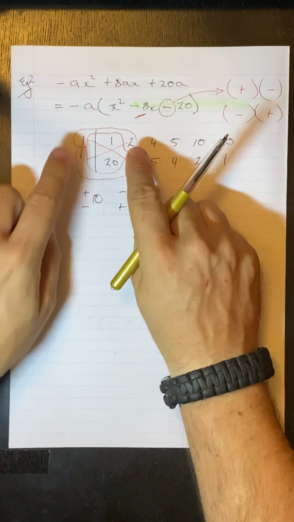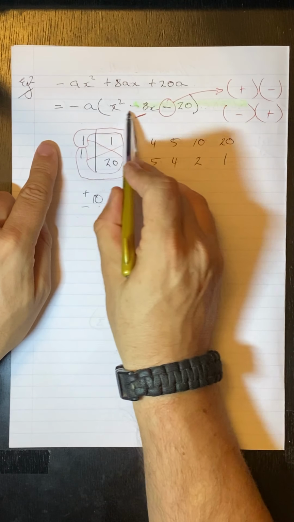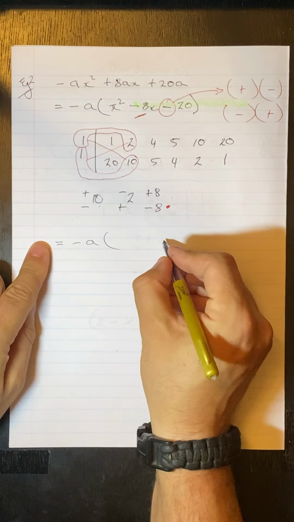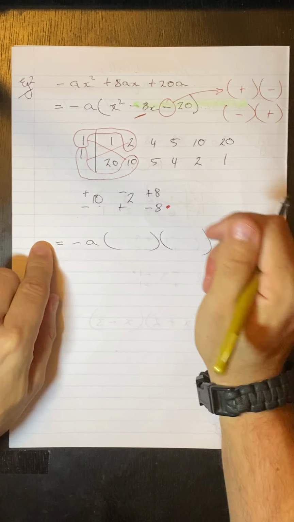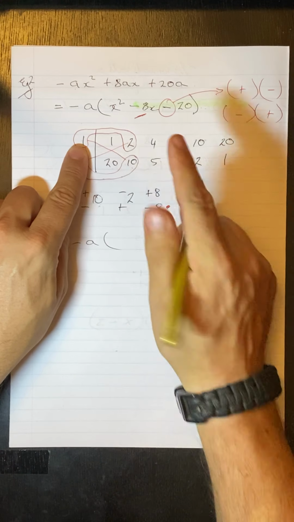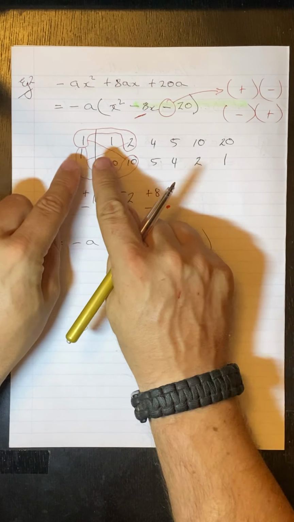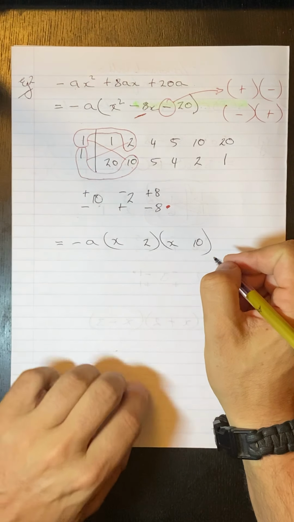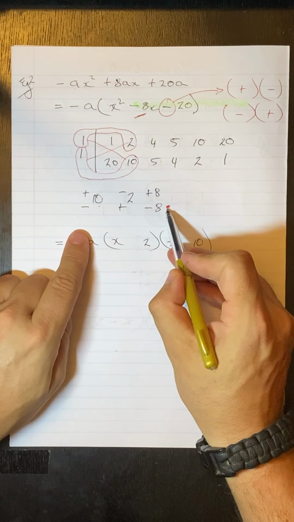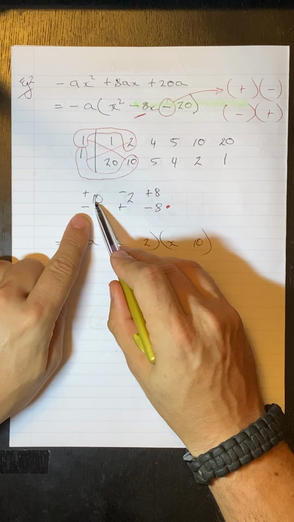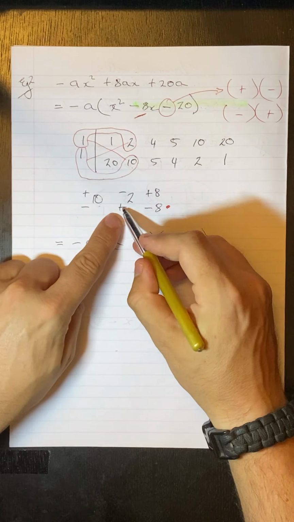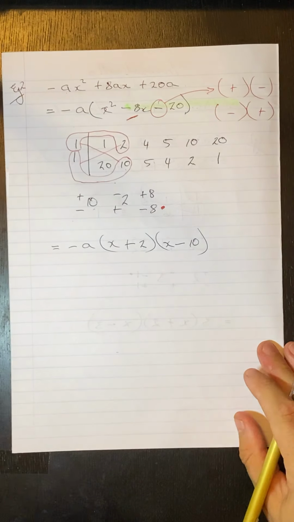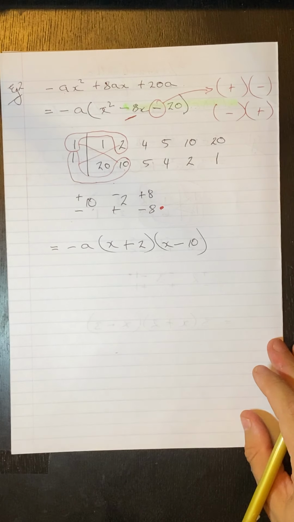So I'm continuing from here, grade 9s: equals minus a, open up our brackets, 1x with a 2 goes into a bracket, 1x with a 10 goes into a bracket. Now we need to figure out what our signs are. We want this one, so we must have a minus 10 and a plus 2. And we have factorized that trinomial by taking out a common factor first.